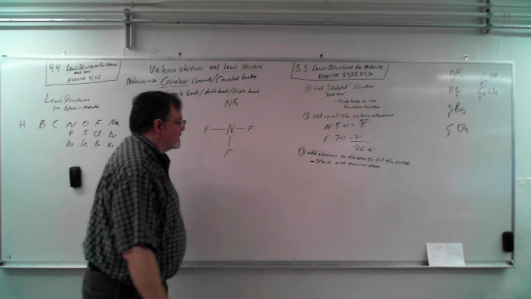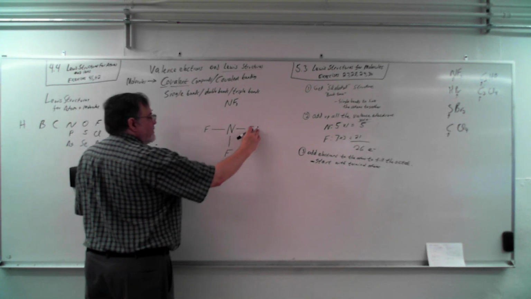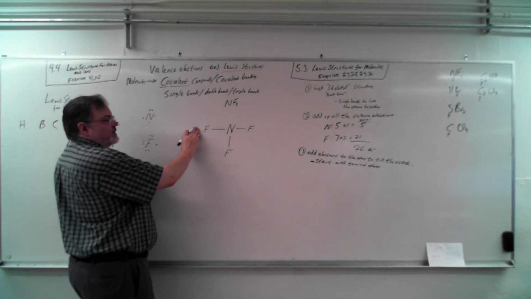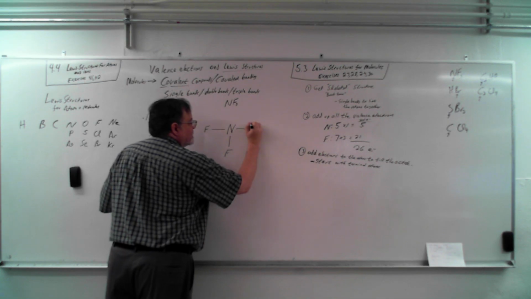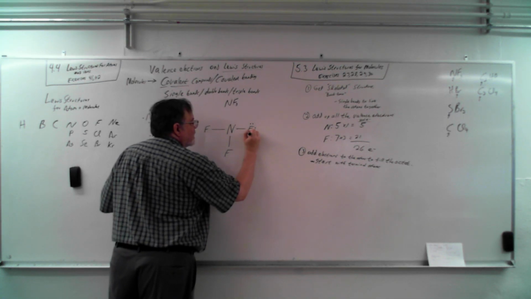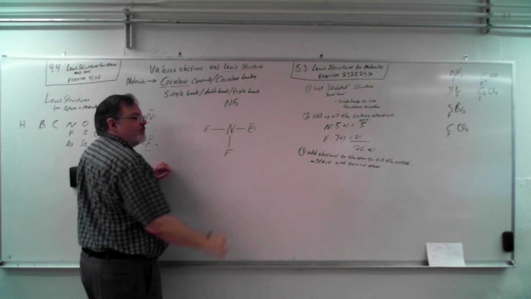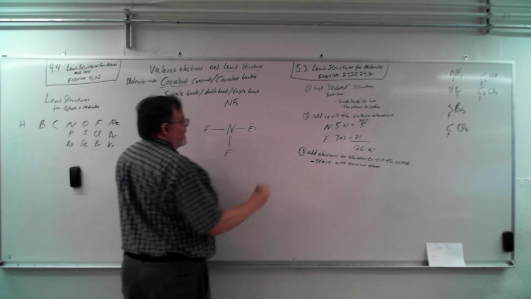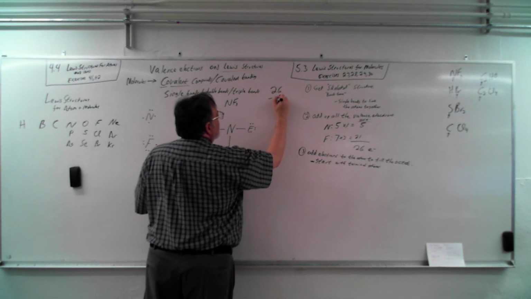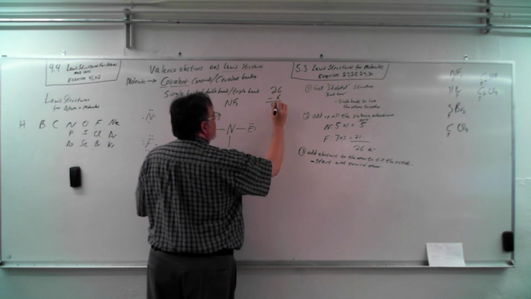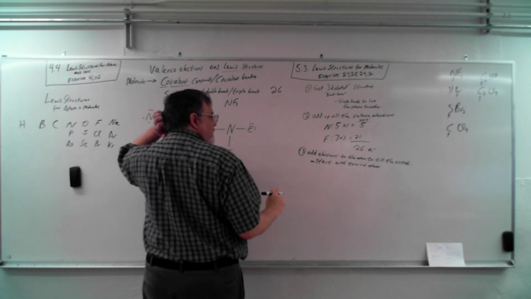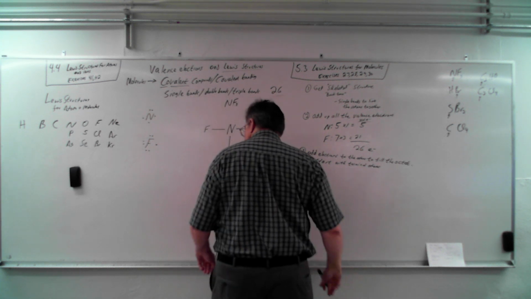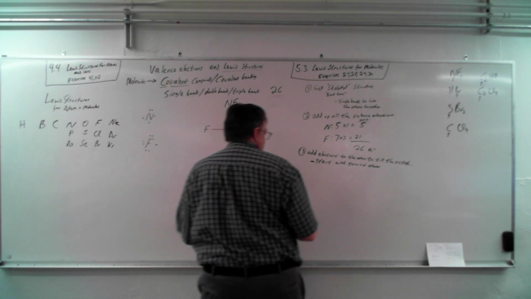I have 26 electrons. I need to fill the octet for the fluorines. This fluorine already has 2, so it just needs 6 more. 2, 4, 6. Now that fluorine has a full octet. I've used 6. Oh, hold on. I guess there's a rule that goes here.